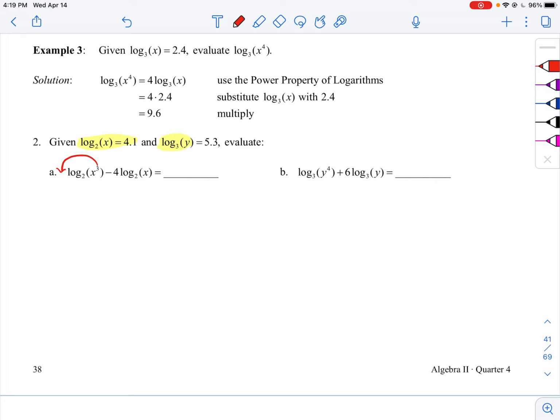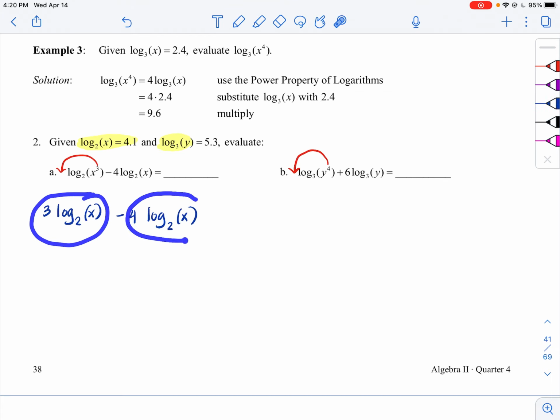Same thing with letter B. I can take the exponent and put it right in front of the log. So I'm going to rewrite this as 3 log base 2 of x minus 4 log base 2 of x.